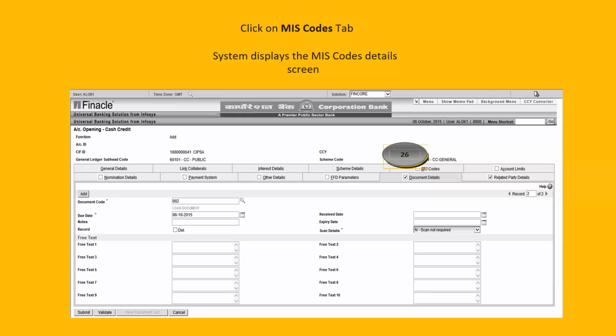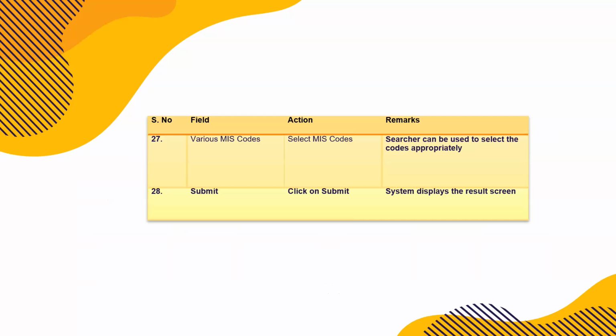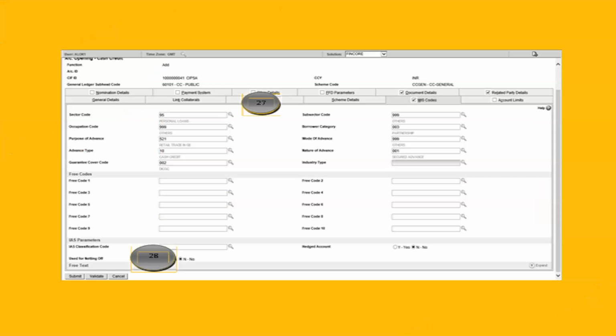MIS, I told you, it's very, very important, right? So MIS codes are very, very important. This has to be filled up very carefully, right? So this is for documents. Various MIS codes are there. In which category we are advancing, what type of category is the borrower, and we submit. We get the account number, right? Click on submit here.